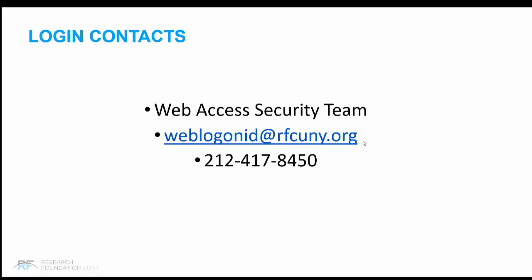It's weblogonid@rfcuny.org, and you can also give them a call at 212-417-8450. Let me repeat that number. It's 212-417-8450. I want to leave up the information just for a little bit so that you can copy it down, just in case you need it for the future.